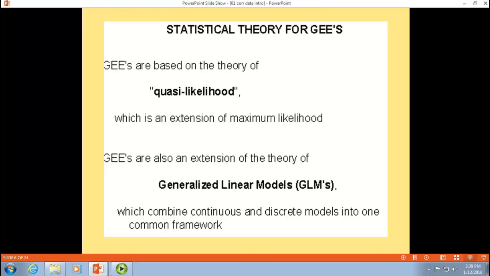The logistic model is 1 over 1 plus e to the minus something. It's a nonlinear model. But what happens when you take the logit function? You get a linear model. You remember that? So you can go from a nonlinear model to a linear model by taking the logit function.